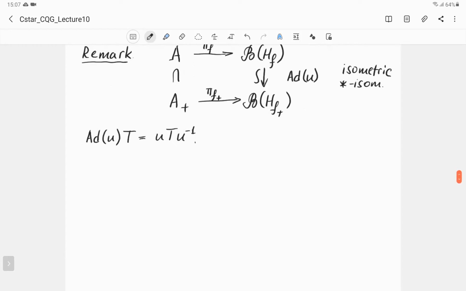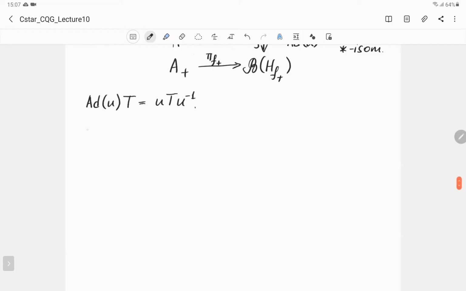Okay, now we are ready to show that all GNS representations are cyclic. So we have the following theorem. First of all, let's adopt the following convention.